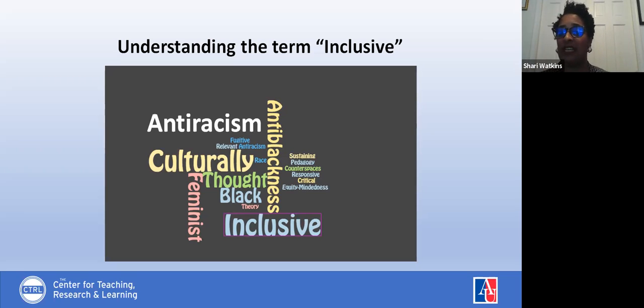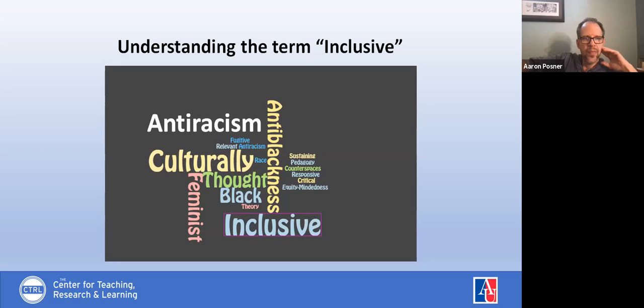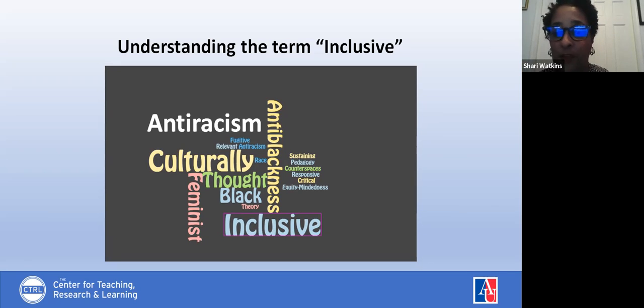Many of these frameworks help to inform my teaching, my research, and my service. So we see anti-racism, culturally responsive pedagogy, culturally sustaining, anti-Blackness, Black feminist thought, Black feminist pedagogy, critical race theory. I present this word map because it's important to understand that independent of the lens, the perspective or framework that you operate from, and even if you don't have an identified framework, you do have a lens, and this lens guides your work and informs your teaching.